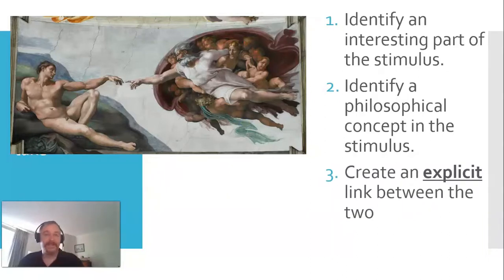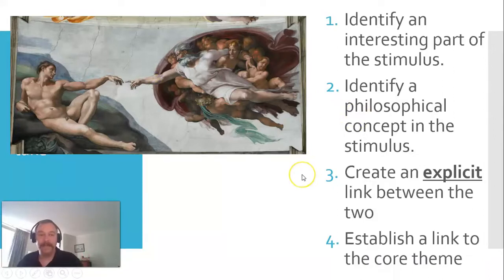So to create an explicit link between the two, I would like to phrase it in the form of a question. So basically, if God is creating man in his own image and God is being depicted as basically a flying brain, then is our mind, in particular our reason, divine? Seems like a good question.